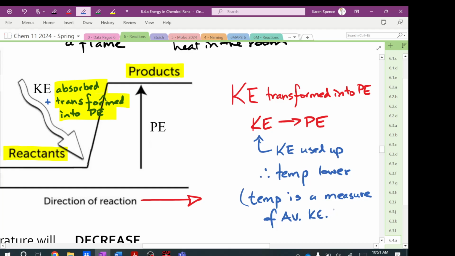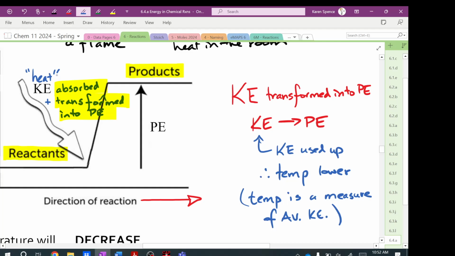So this is one place where people sometimes get confused because we say, in this reaction, heat is absorbed. This kinetic energy, we often call it heat. Heat is absorbed and it gets colder. And people say, what? I just absorbed some heat. Should it not get hotter?